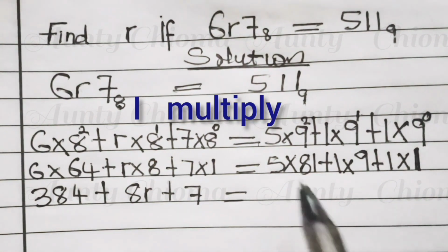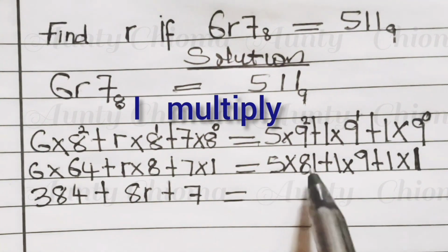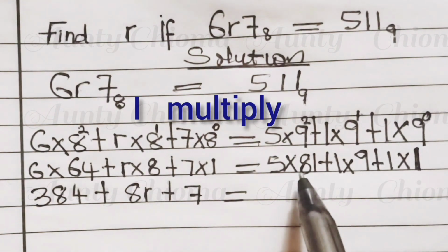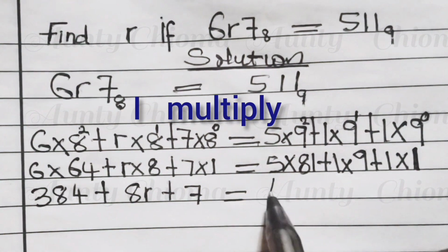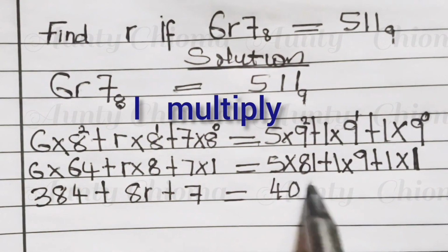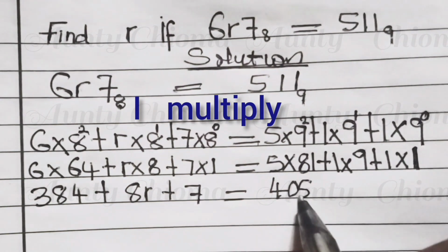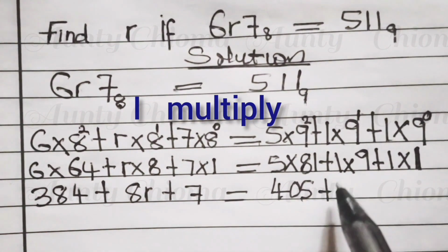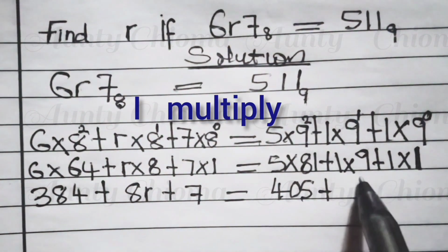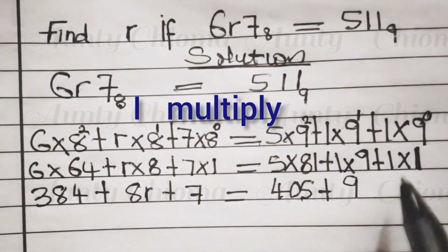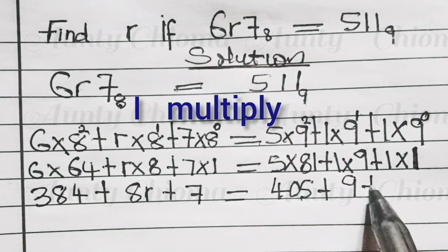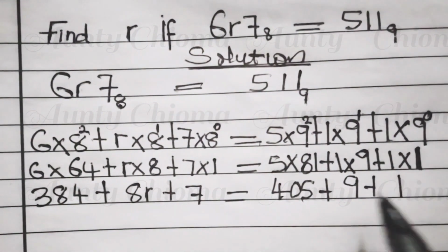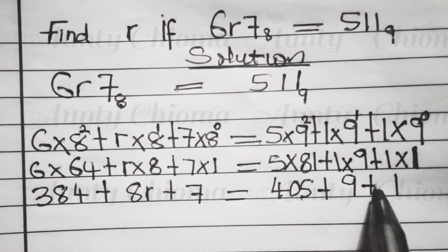I come to this side. I say 5 times 81 gives me 405. I write it. Okay, I put the plus. 1 times 9 will give me 9. I write my 9, put the plus. 1 times 1 gives me 1.